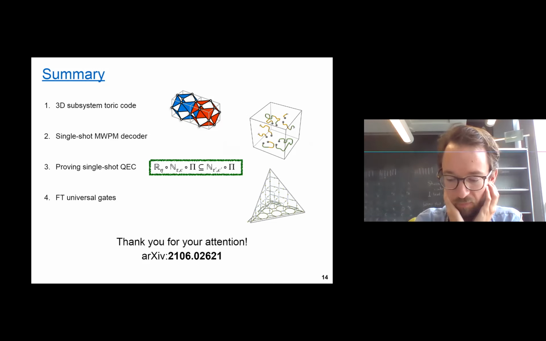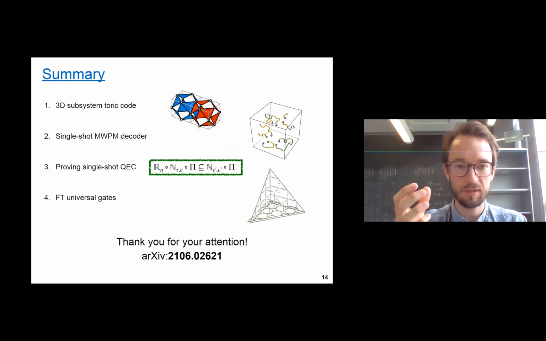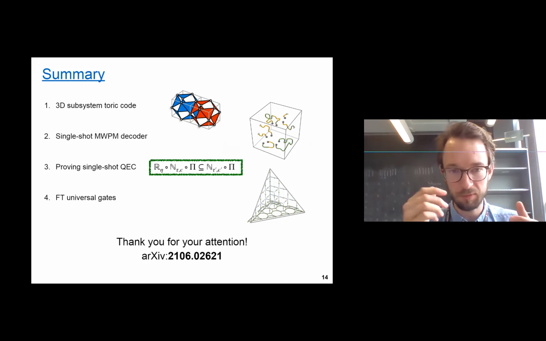I think it's not possible in general. The structure we had required quite a lot of symmetry, because you need a way to define these local gauge generators in such a way that you can build the stabilizers from different products.